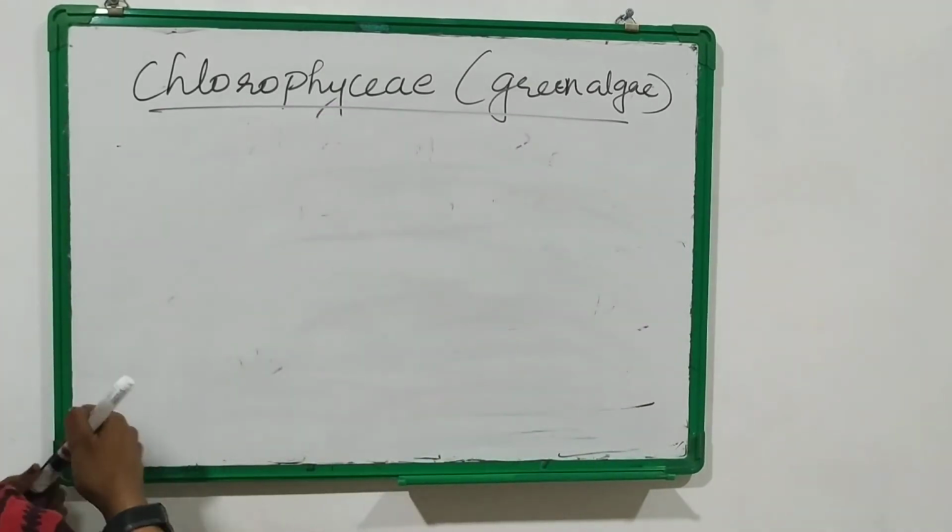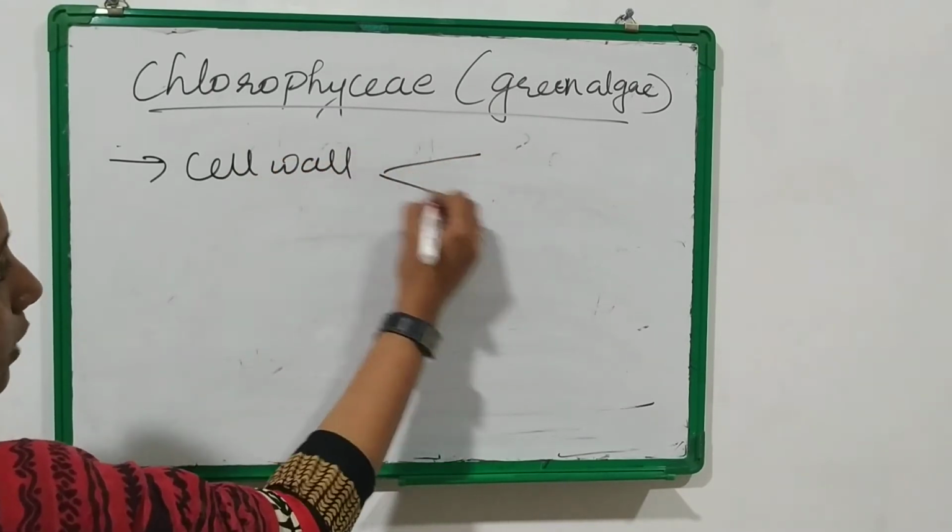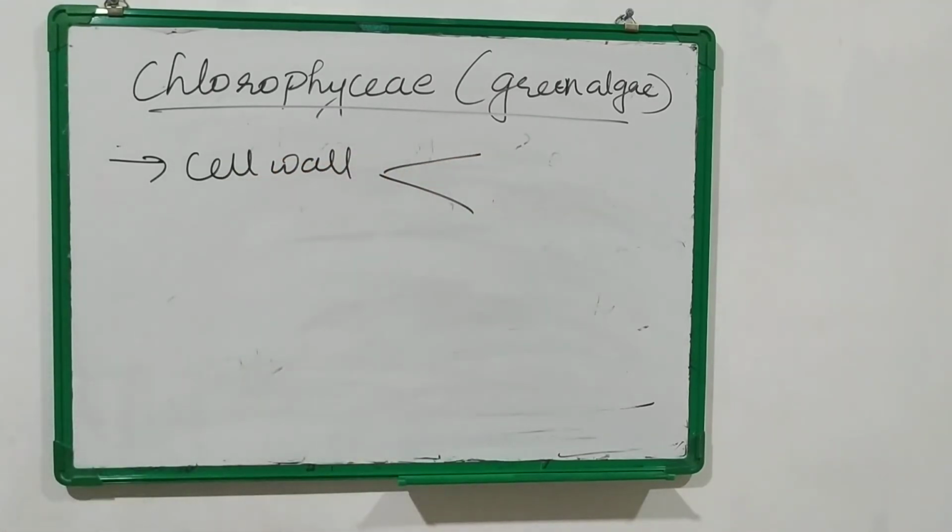Regarding their cell wall, the cell wall is made of two layers, an outer layer and an inner layer.